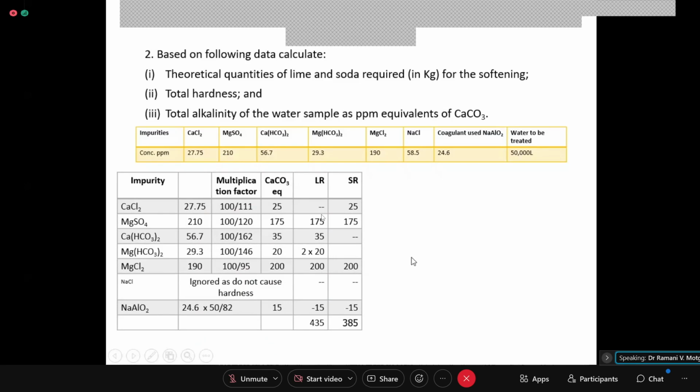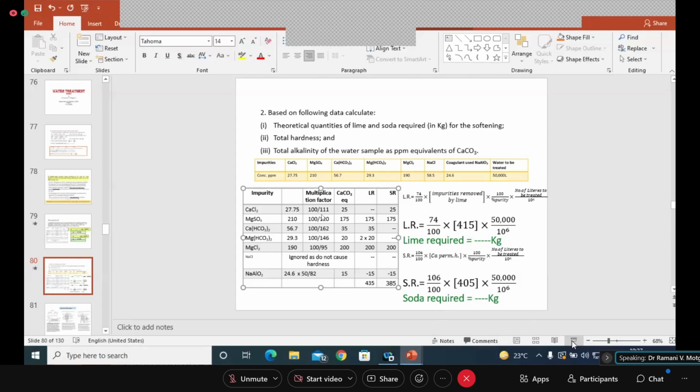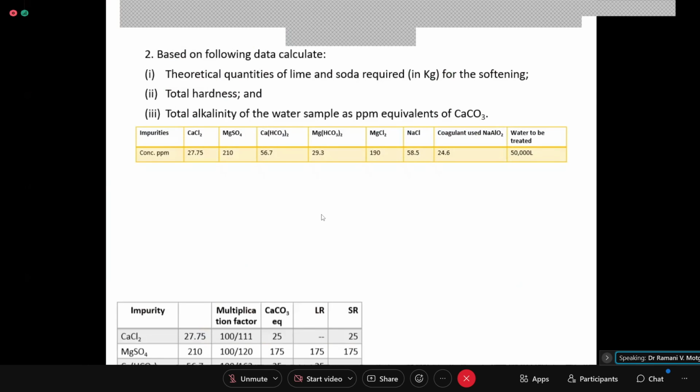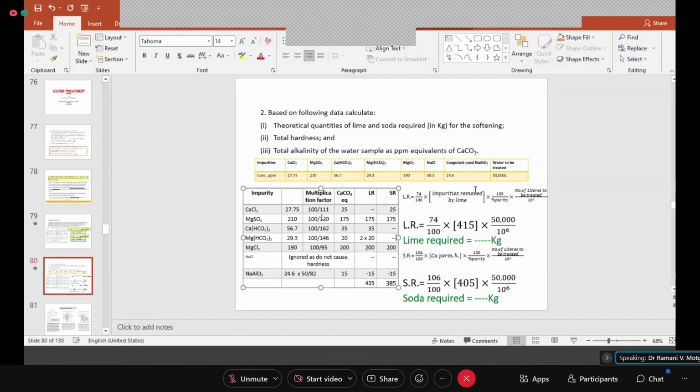Otherwise, in online class, you don't find such thing. Okay. So here also we'll have to make the changes, right? So this will be 35 and this will be 385.